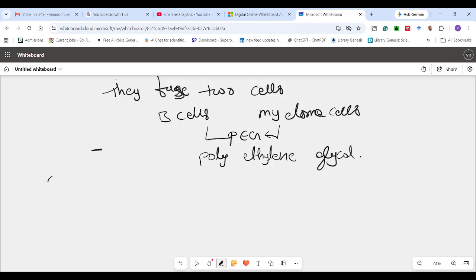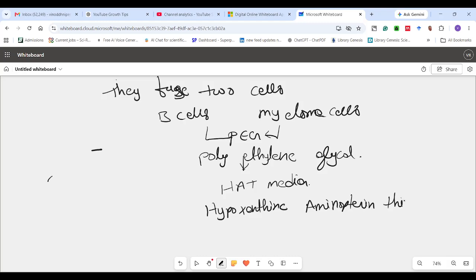Once they are fused, they should grow in a separate media called HAT media: hypoxanthine, aminopterin, thymidine.